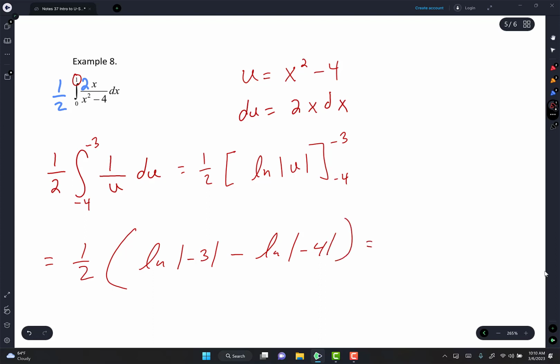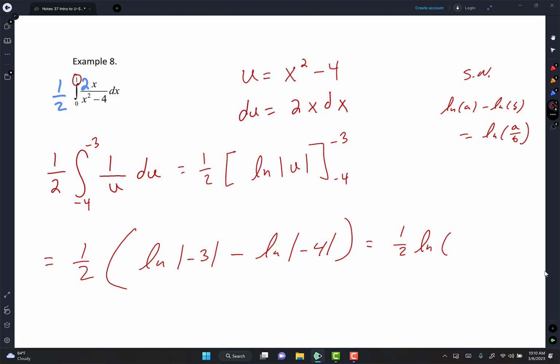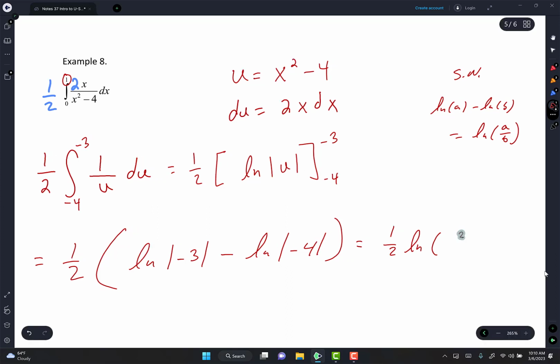So my answer looks like, this is a side note, ln of A minus ln of B is the same thing as ln of A over B, right? Okay, so this is going to be 1/2 ln. Once you already do the absolute values, you can get rid of them. That came out to 3 over 4.